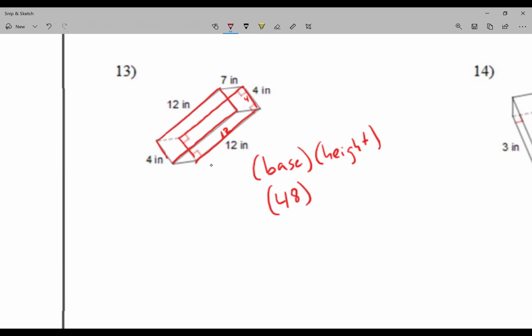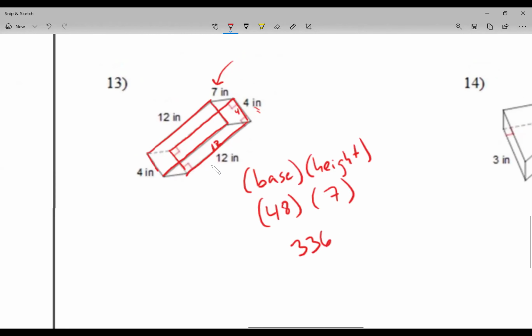That's the area of the base. Now the height, in this case, is 7. It's the distance between the bases. It's a number that has nothing to do with your base. Now, 48 times 7 gives me 336. Because my measurement is inches, I will say inches to the third, or people call it cubic inches. So I'm just going to leave it as 336.